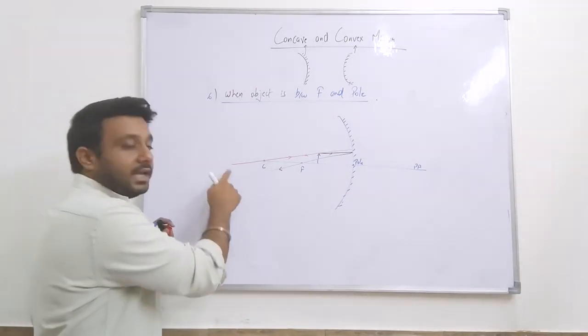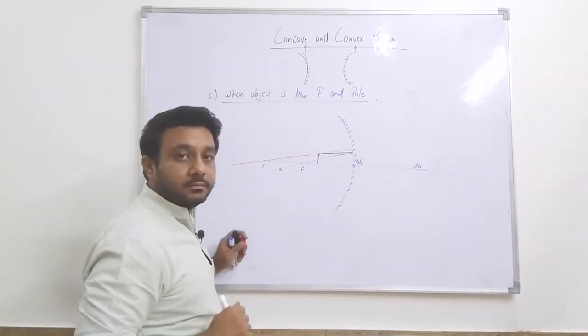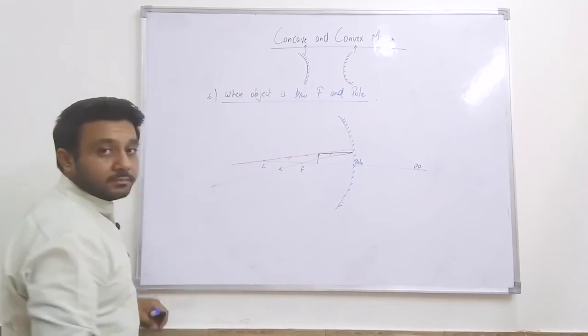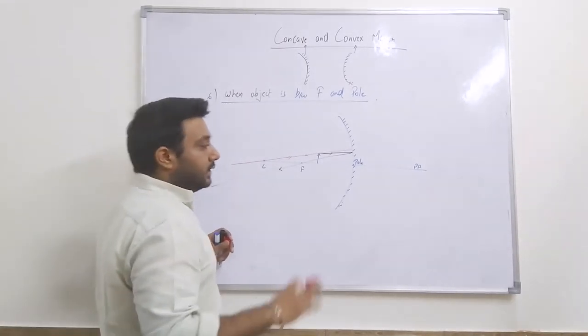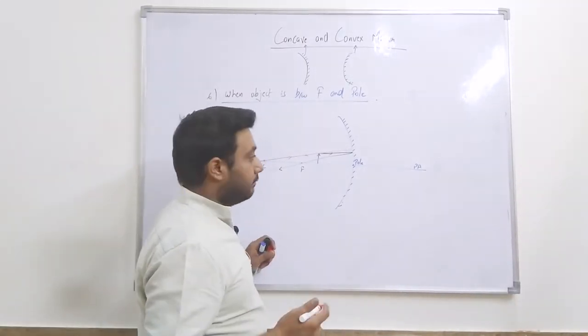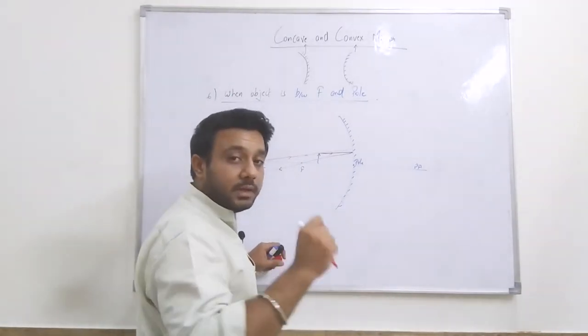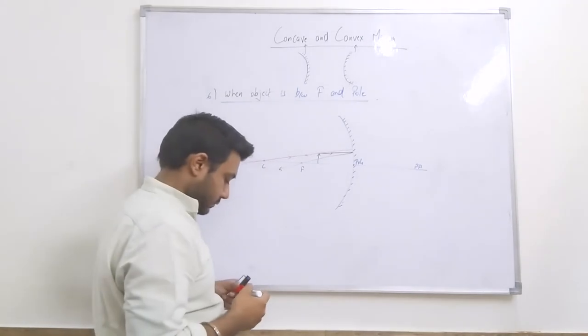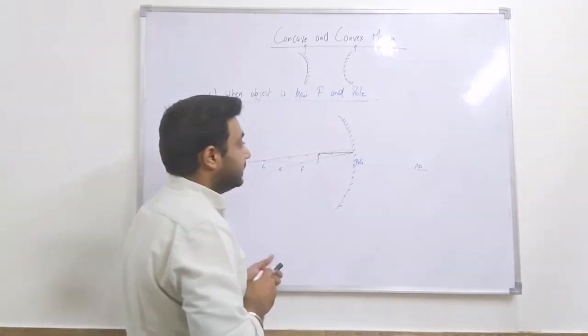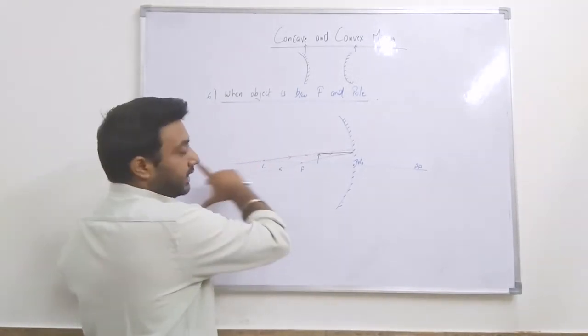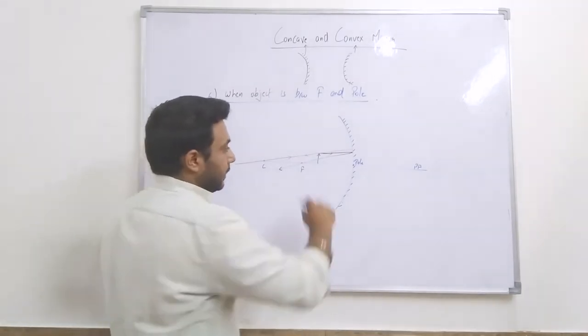Now we can easily see that the real lines are not able to meet. They are diverging. So the image will be formed virtually, because we have to draw virtual lines here to form the image. How? Now these lines are not meeting here.